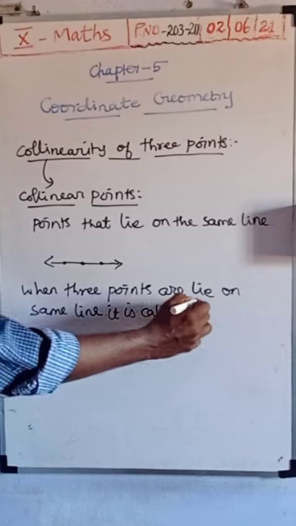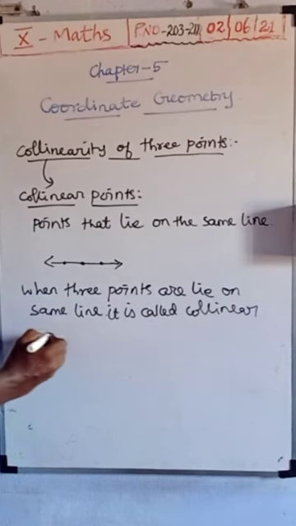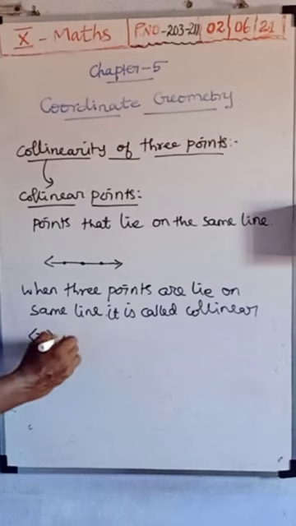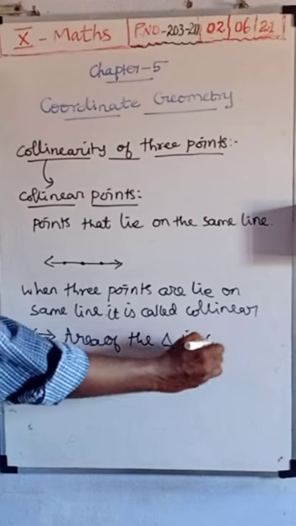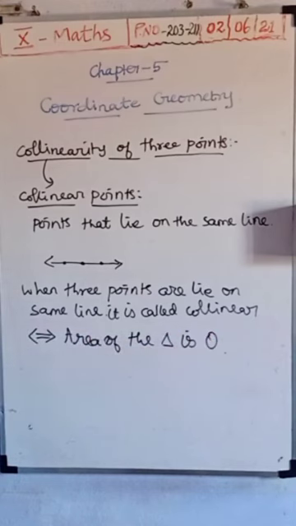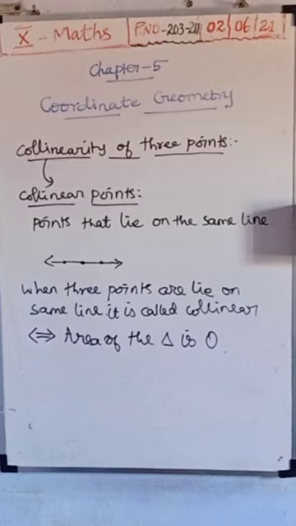Collinear means, if and only if, the area of the triangle is 0. So when the 3 points lie on the same line, it is called collinear. If the question says the points are collinear, we will get the area of the triangle as 0. Suppose the question itself gives the area of the triangle as 0, then we take the given points as collinear. Okay, this is called collinearity of 3 points.